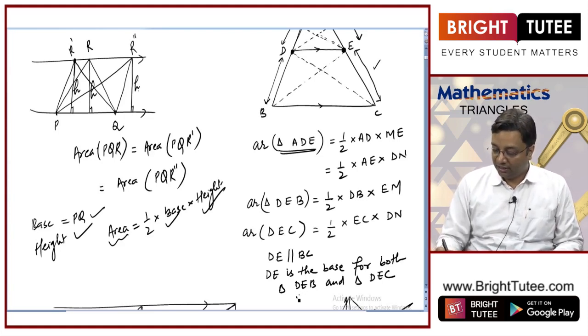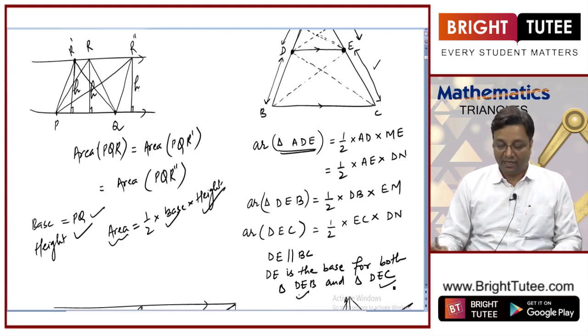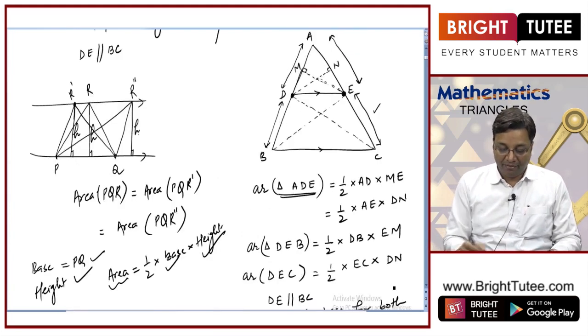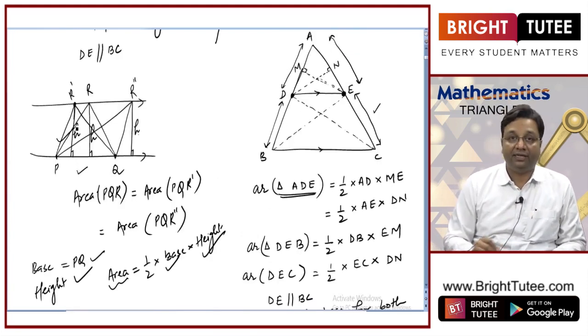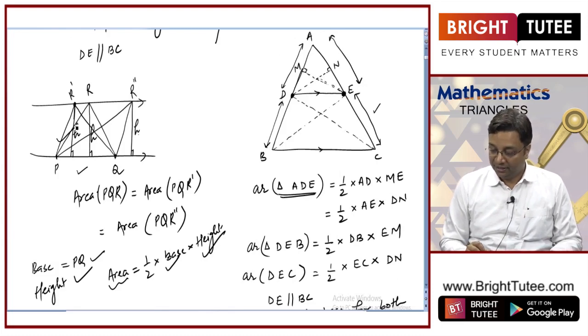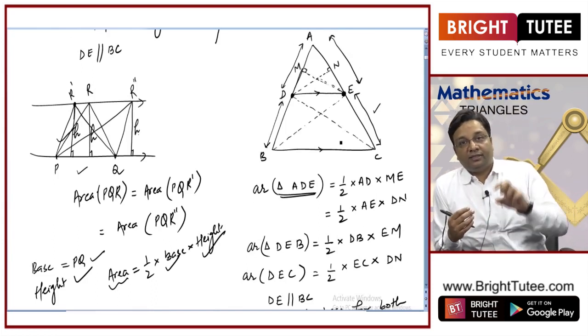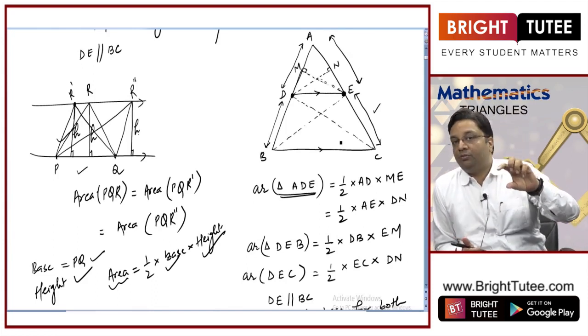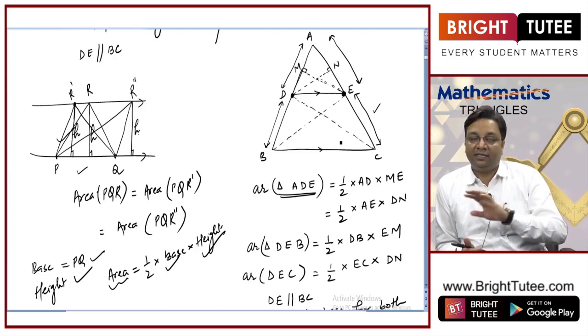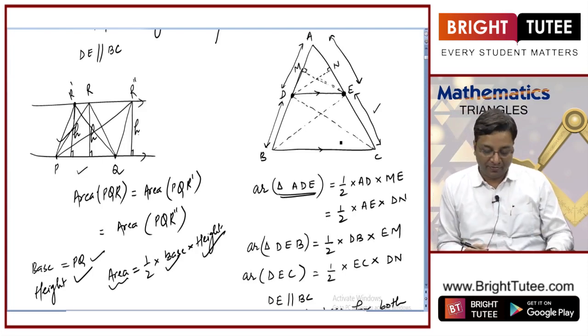So these two triangles, triangle DEB and DEC, are of the same base and same height, right? For these two triangles, if there are two triangles between two parallel lines with the same base, then these two triangles have equal area, right?